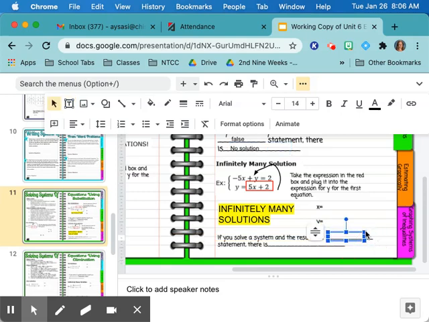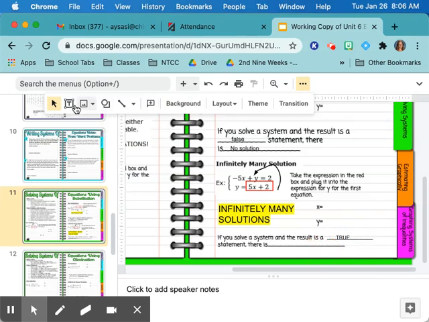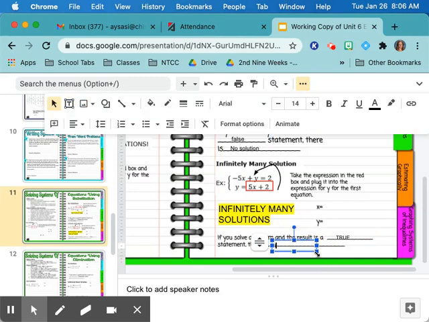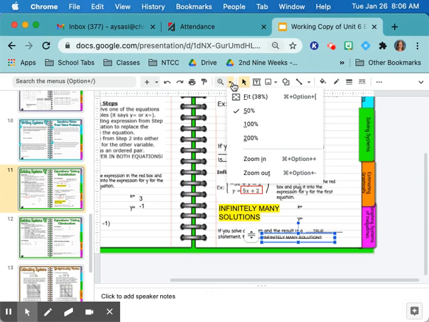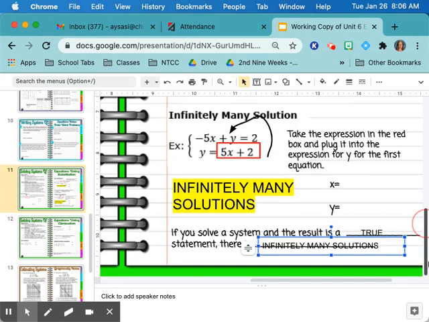Okay, if you solve a system of equations and the result is a true statement, then there is infinitely many solutions.